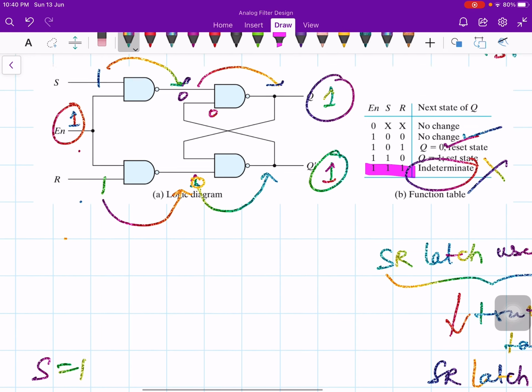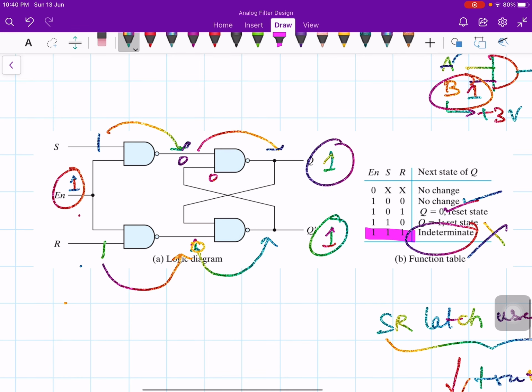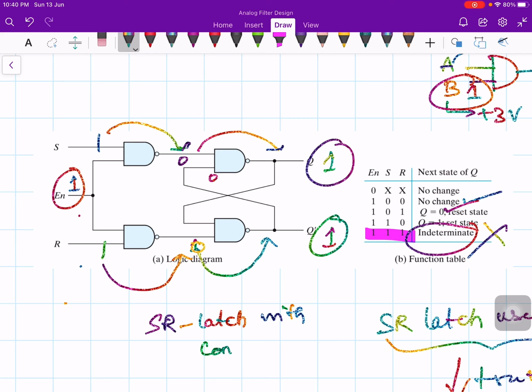Therefore, in this SR latch with the enable input, this is an SR latch with the control input. Again this also has a problem, because the indeterminate condition occurs when all three inputs are equal to 1, because this condition places zeros on both inputs, this point and this point.